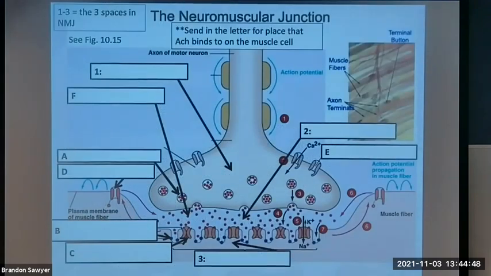All right, take a second. Identify those different parts with your team, and then send in the answer to this one. It's going to be one of the letters. Go ahead.